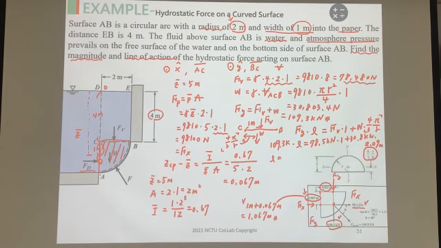Actually the answer should be around 1 meter, but as just a number showing here, the answer is 0.957 meters.